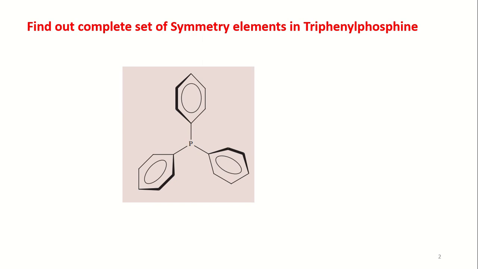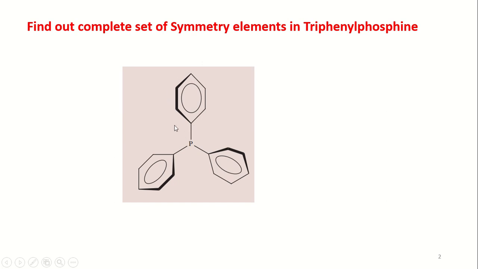So let us talk about sigma first. Is there any kind of sigma present in this molecule? You had better find it by yourself. First of all, I would like to give more information on triphenylphosphine.